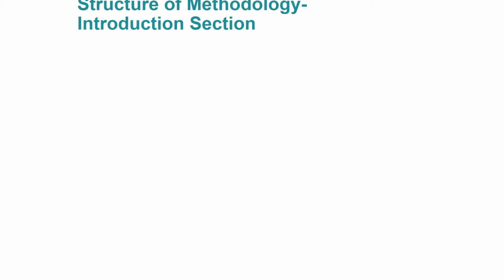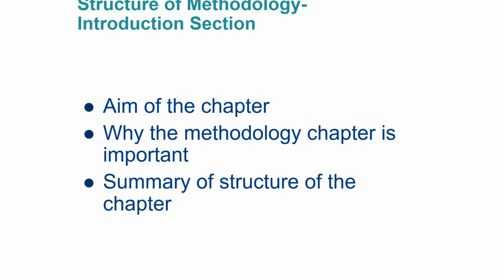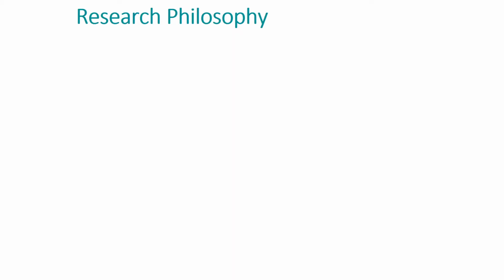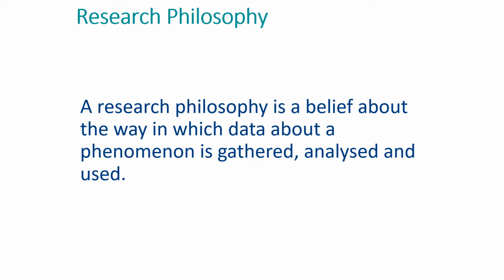So for the structure of the methodology, the introduction section would be the aims of the chapter, why the methodology chapter is so important, and a summary of the structure of the chapter. Research philosophy is a belief about the way in which data about a phenomenon is gathered, analysed, and used.